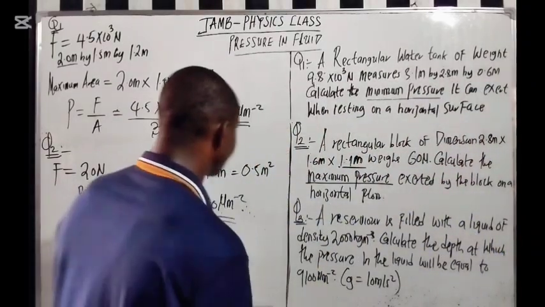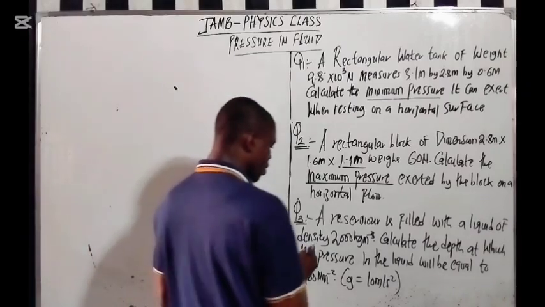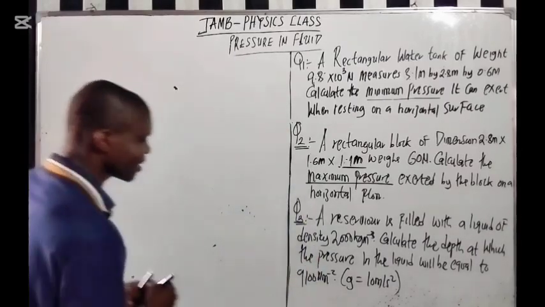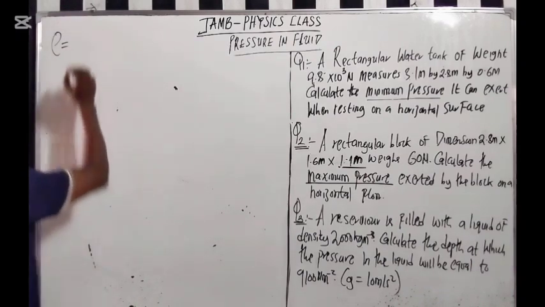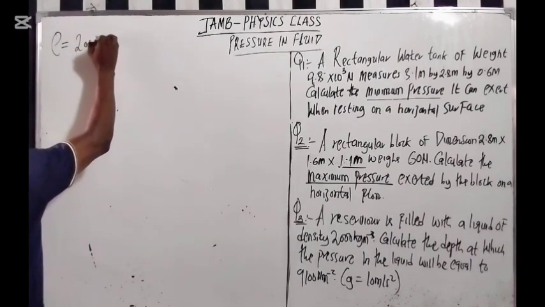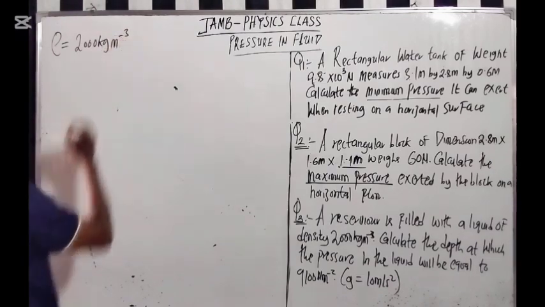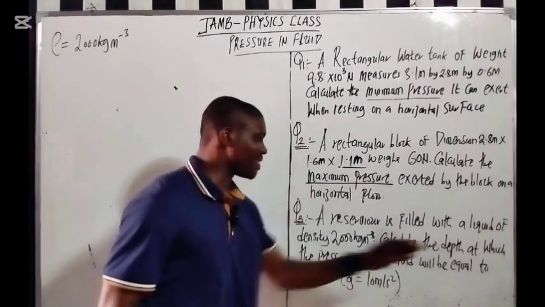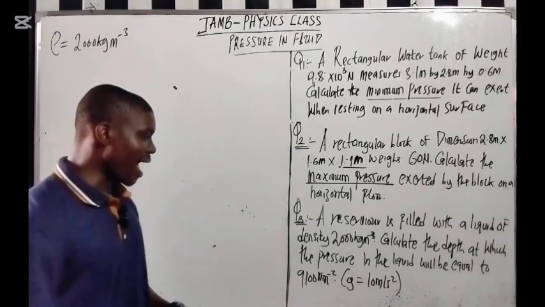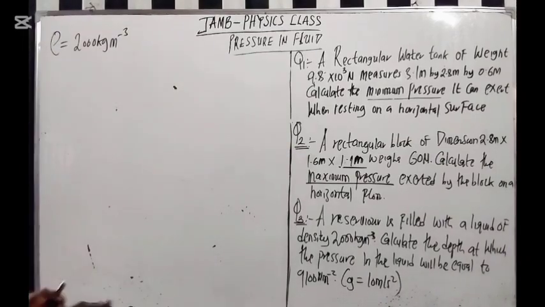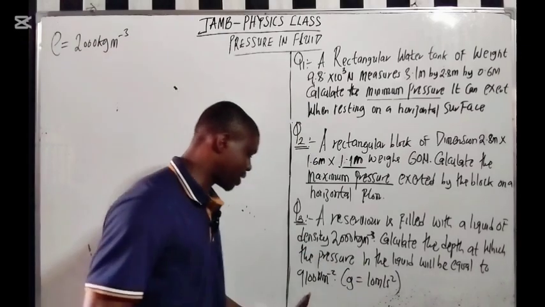So let's look at question 2 and question 3. A reservoir is filled with a liquid. The density is 2,000 kg per meter cube, right? Calculate the depth. When they say calculate the depth, they ask you to calculate the height, the height at which the pressure in the liquid will be equal to this.